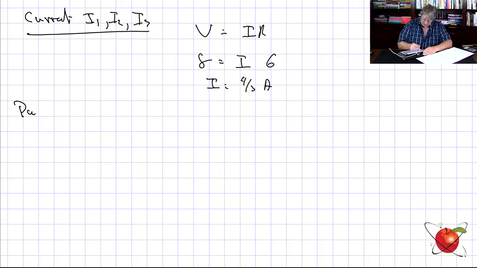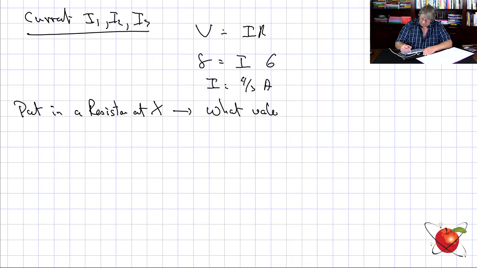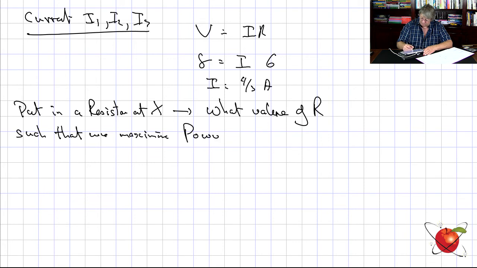We are going to put in a resistor at X. What value of R is such that the power of the bulbs is maximized?